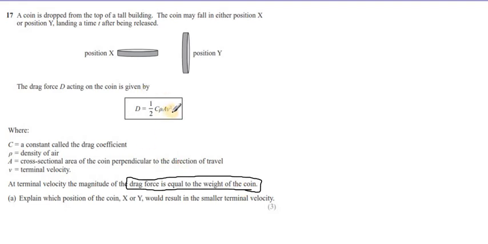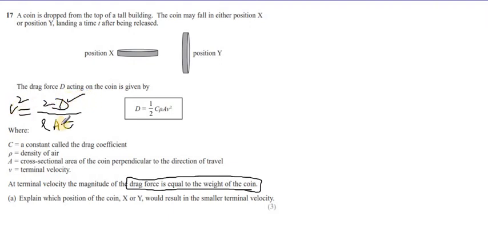If you rearrange, the velocity square is equal to 2W over rho A C, because no matter whether you are using position X or position Y in dropping, at terminal velocity for both, weight is equal to the drag. So in both cases, drag would be the same. That means velocity will not be affected by the drag. It is constant for them.